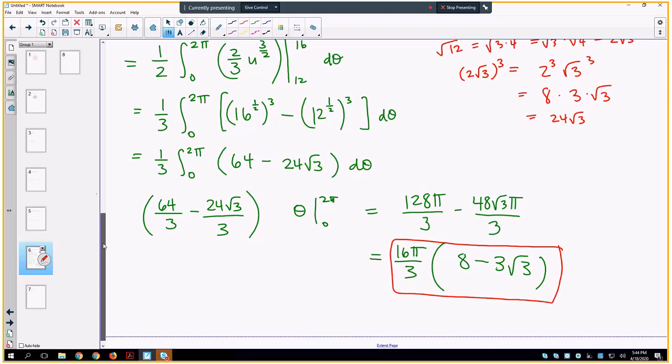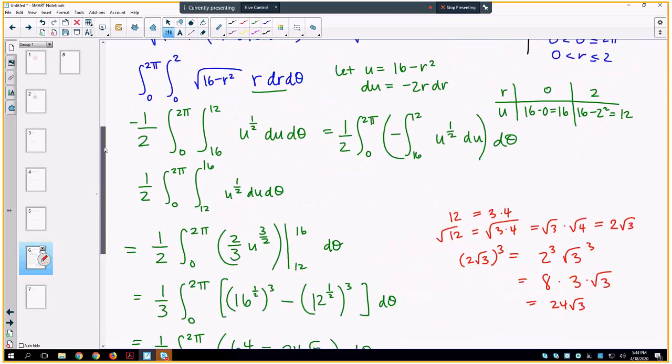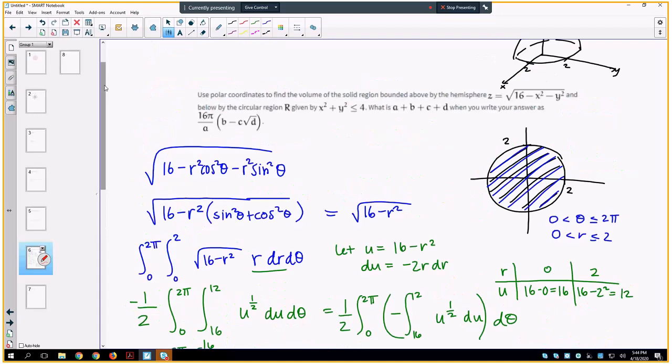Let's go back and read the instructions of the problem one more time. It told us that we were going to get 16 pi over a, so I got 16 pi/3. Times b was 8, c was 3, and d was 3. That was the answer that I got.